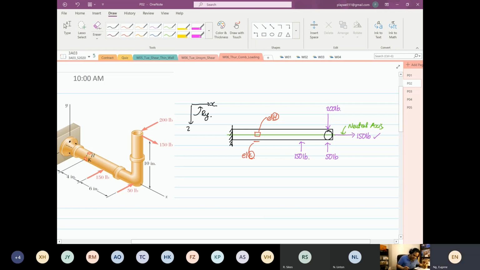So next, we're going to calculate what's going to happen at element K. Now, element K and H will have moments acting on this structure now. I repeat again, element H and element K will have moment.